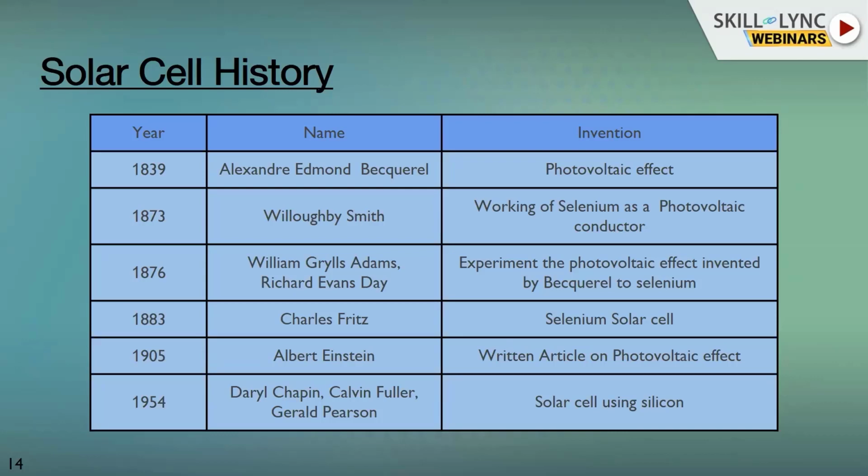For off-grid satellites, they required an independent resource for electricity generation. So they invented this silicon solar cell in 1954, and it is now used for satellites.